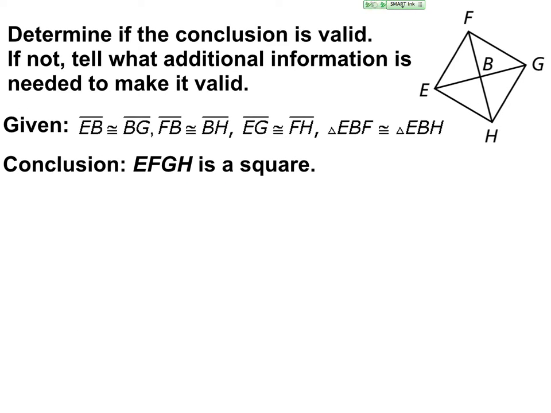How about EB congruent to BG, FB congruent to BH, EG, so this whole diagonal is the same as that whole diagonal. Should I change some markings then? Because based on my markings, does it show that EG is the same length as FH? Not really. They would actually end up all being the same.